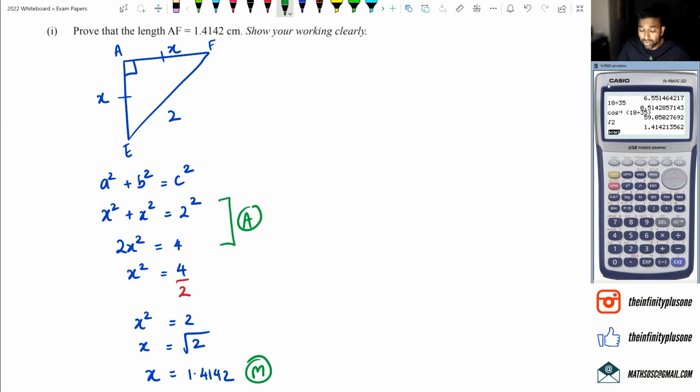Now, the other way you could have done this is using trig. I'm actually not going to do this one here, but just to show you the other way you could have done this, actually, I'm going to do it. It's not very long. So we've got AF is equal to x, and this distance is 2. We know these two sides are equal, and when we have a right angle, we know that those two other angles have to be 45 degrees.